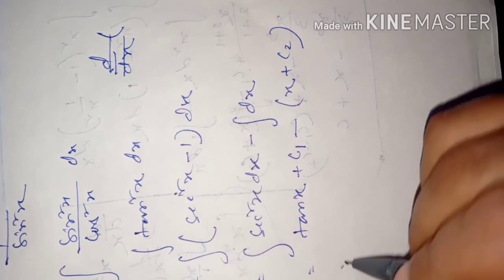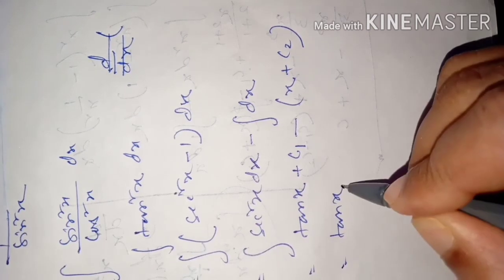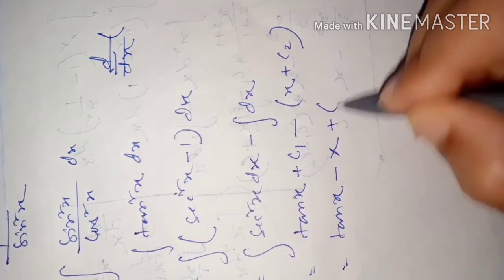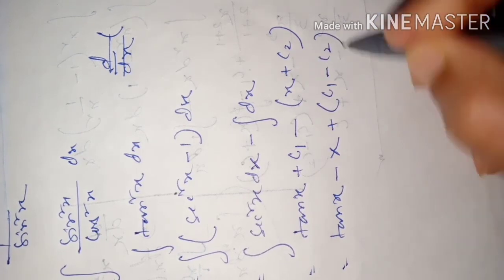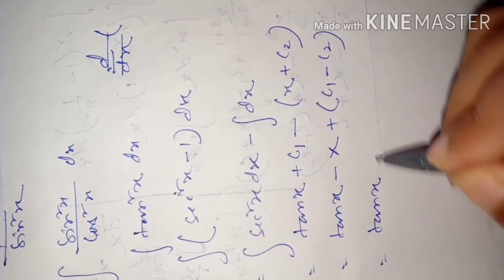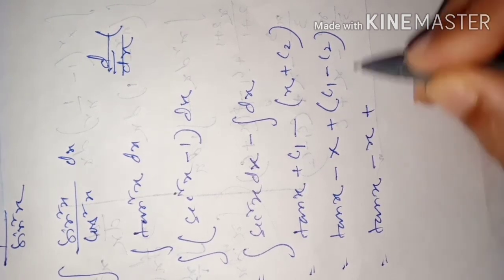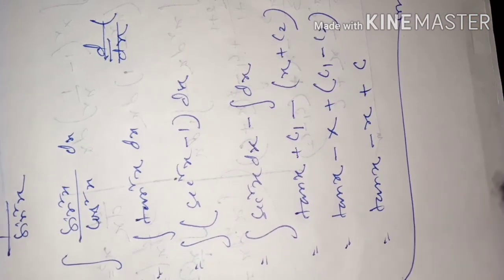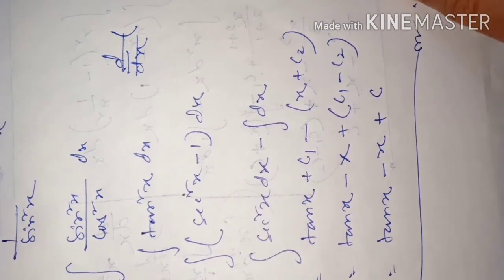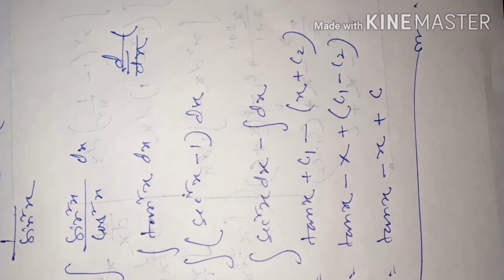Then we have tan x minus x plus c1 minus c2. So tan x minus x plus c1 minus c2 is what? C. c1 minus c2 is c. Okay, dear students? So this is the antiderivative of the given function.